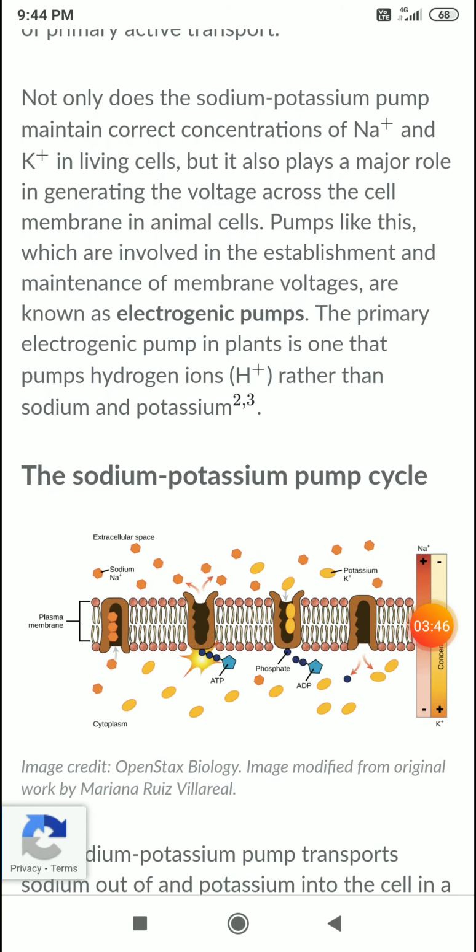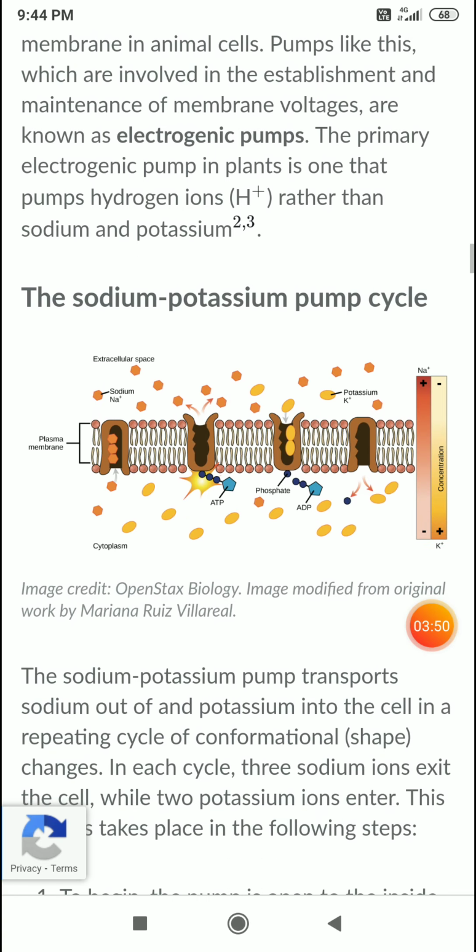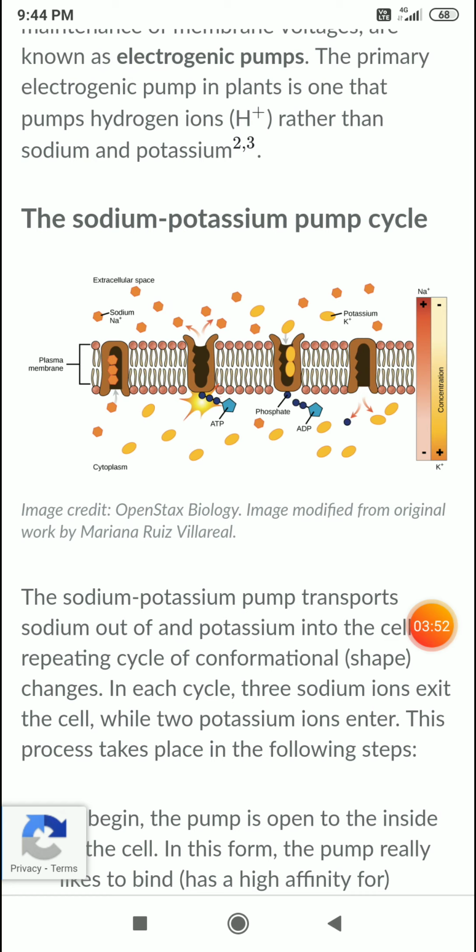The sodium potassium pump cycle. See the structure. The sodium potassium pump transports sodium out of and potassium into the cell in a repeating cycle of conformational, that is shape, changes.